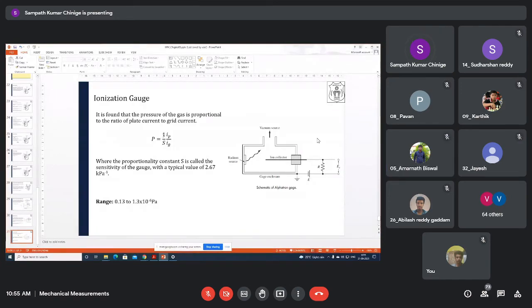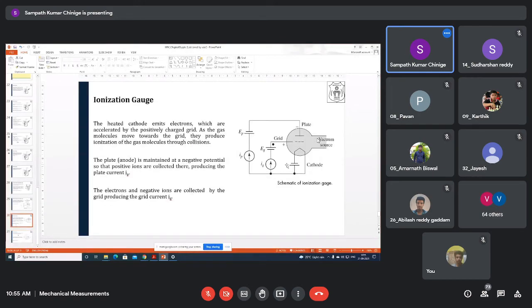It will not stop, but what we can say is that there is a proportional relation between the plate and the grid current. That is what it is showing, isn't it? Right. So from this, if the pressure is more, then this current will be lesser and this current will be more.